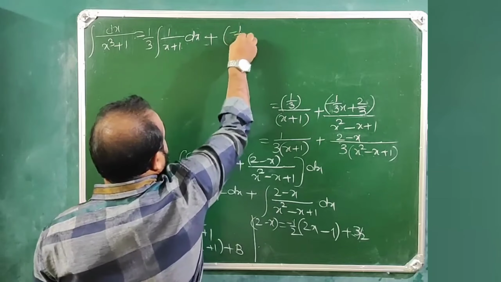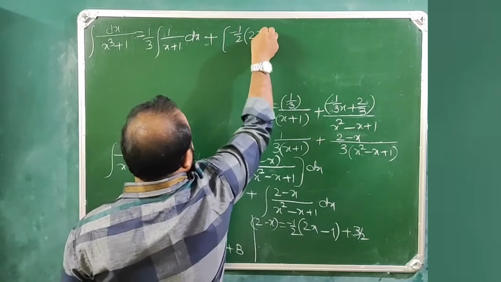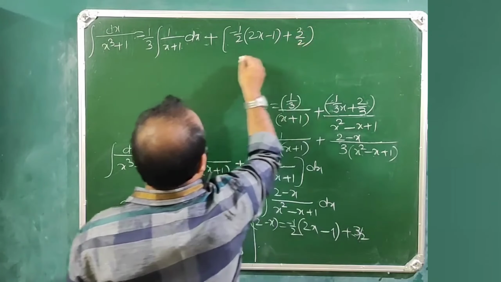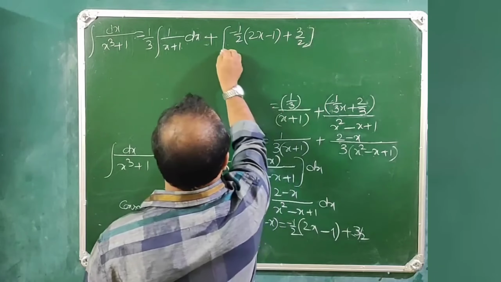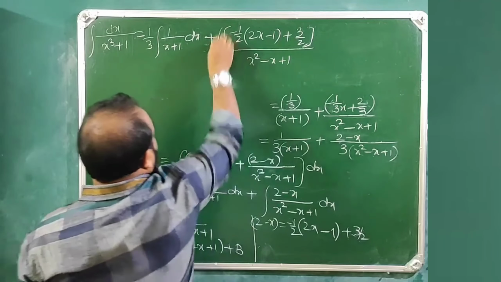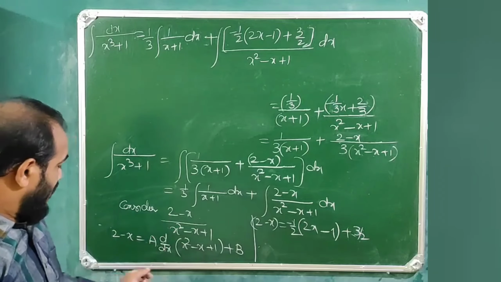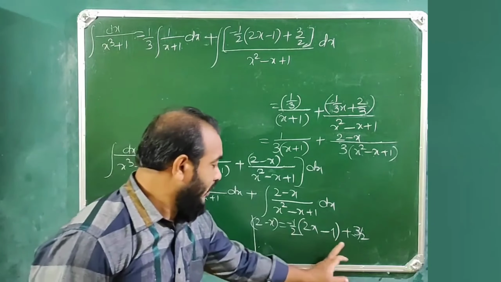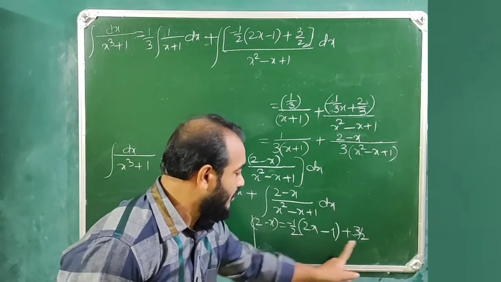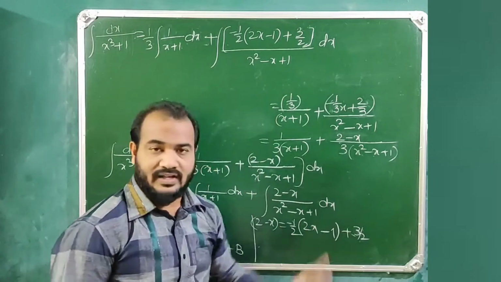So this is minus 1 by 2 into 2x minus 1 plus the value of b, 3 by 2, by x square minus x plus 1, integral dx. So 2 minus x is replaced as minus 1 by 2 into 2x minus 1 plus 3 by 2, and the denominator x square minus x plus 1 is the same.